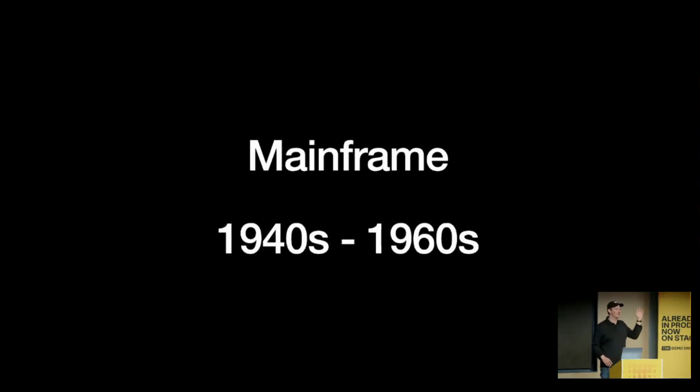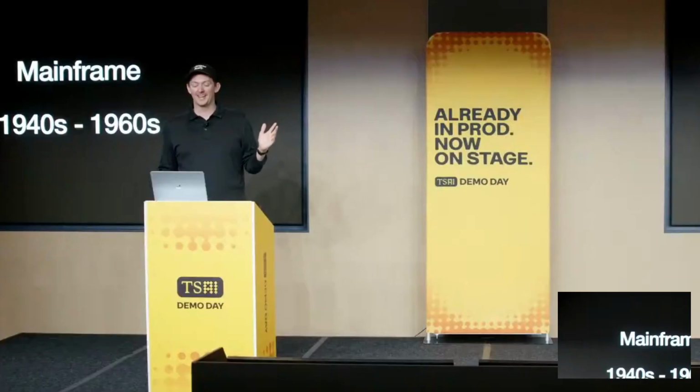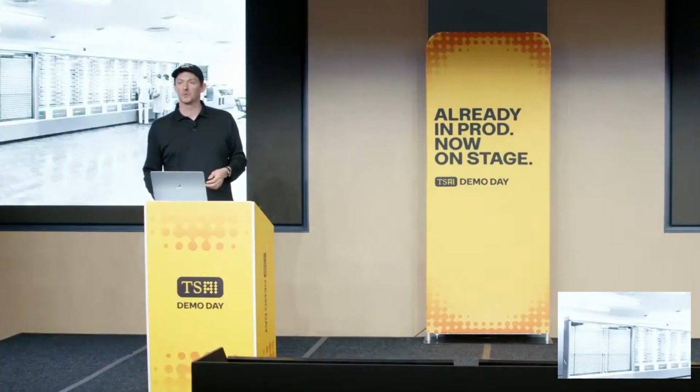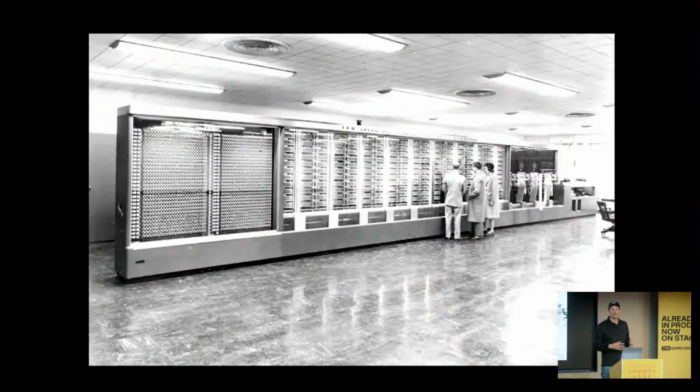Who knows what a mainframe is? Yeah, this is from back in the 1940s to the 1960s, back when computers were the size of a whole room. This is an image of the Harvard Mark I, which was developed by IBM in 1944. And it was actually something that was built by a guy named John von Neumann. That name might seem familiar to you if you've heard of von Neumann architecture.